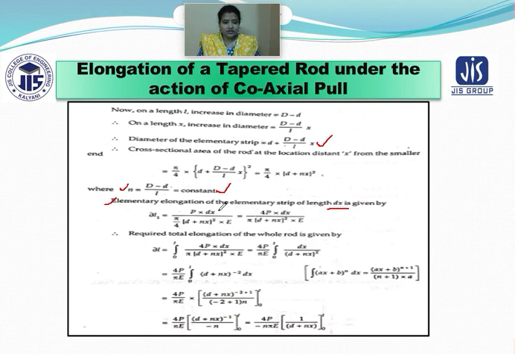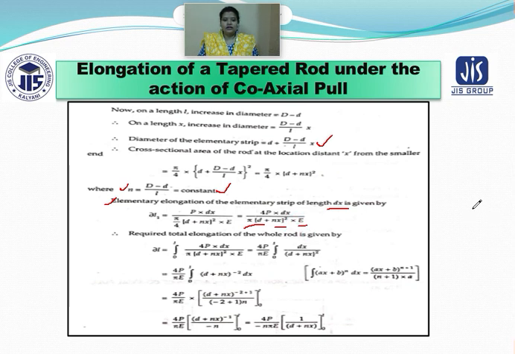So here it is written as P dx by area into E. The area is pi by 4, which I have already told, this 4 has come up here. So pi into d plus nx, the whole square, into E. Now we are going to integrate it. So you have got the change in length for the elementary strip as 4 into P into dx by pi into d plus nx the whole square into E.